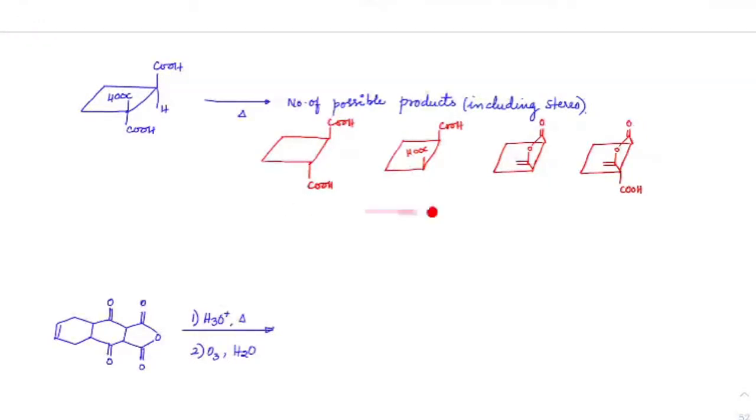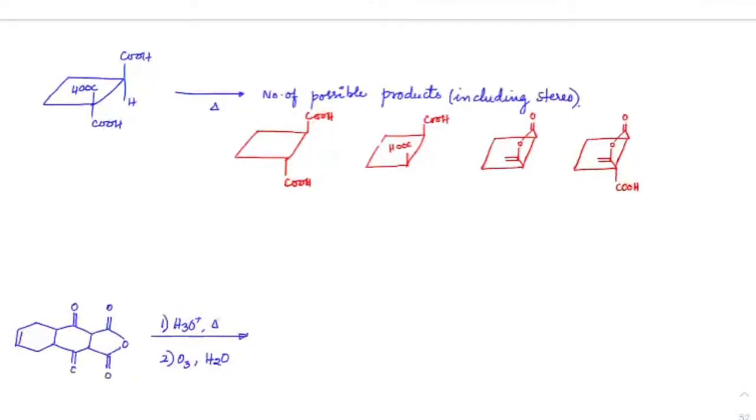Is there any chiral center in all of them? Check out, including stereo. So you mean here this COOH is already fixed position here, correct? So I'm already considering it because this you cannot change. That COOH is the way it is. So we'll get one product here, one product here. This is the one product which you can get.